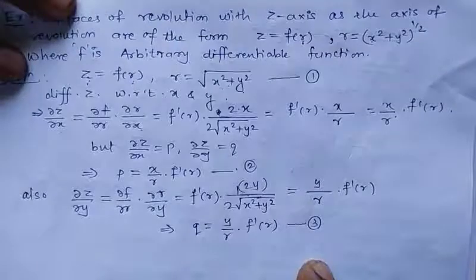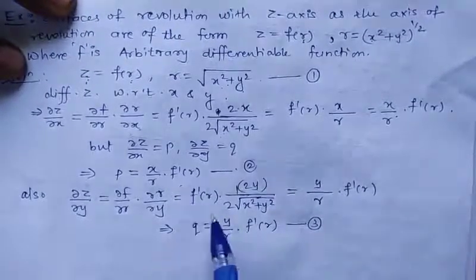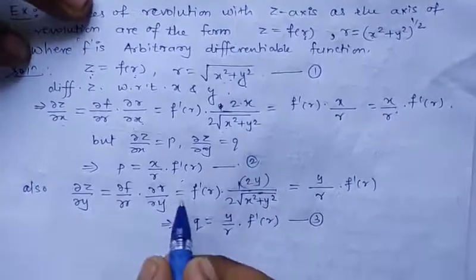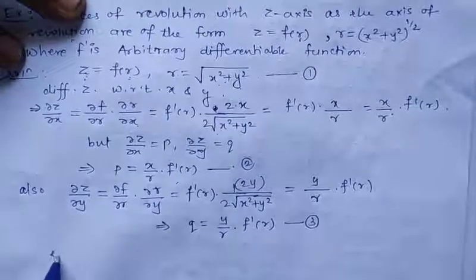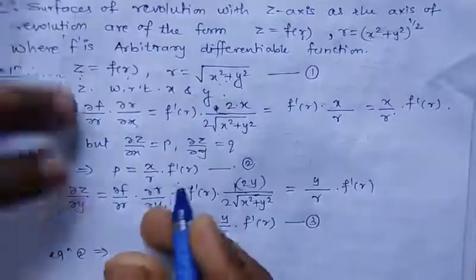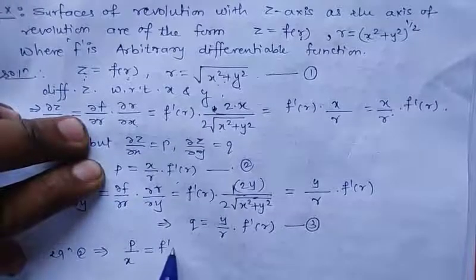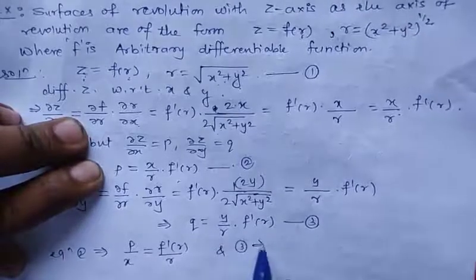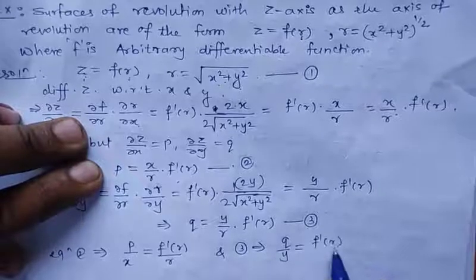Therefore now to eliminate f'(r) from these two equations, what will we get? Equation 2 can be written as p upon x is equal to f'(r) by r, and equation 3 implies that q upon y is equal to f'(r) upon r.